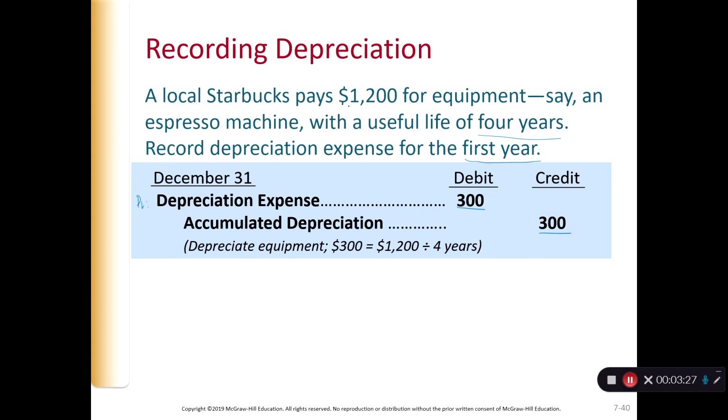Because this $1,200 equipment can benefit us for 4 years, generating espresso for us to sell for money, we need to expense the $1,200 over 4 periods of time. Therefore, we divide 1,200 by 4 and get $300.